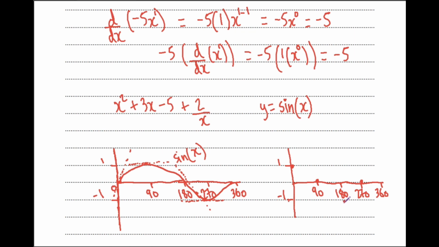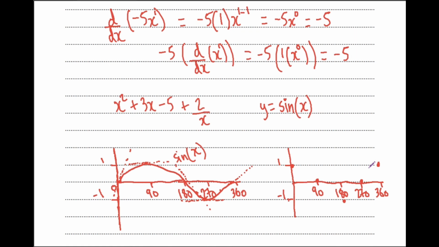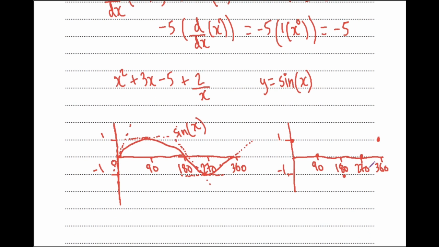So we have another point here. And then at 360, if you drew another tangent and calculated the gradient, I'm telling you it's going to be equal to 1 again. I would do it, but there's not enough space to draw proper tangents. So let's connect these points together. What do we get? We get a graph that looks like this.